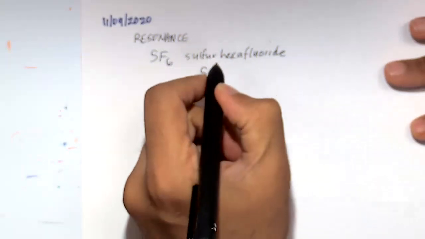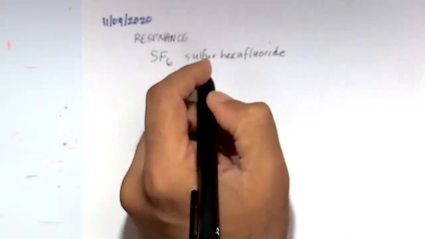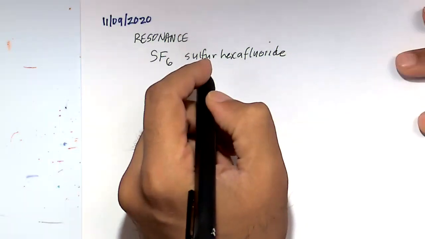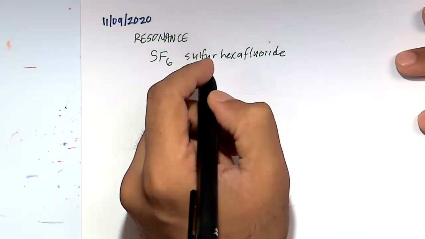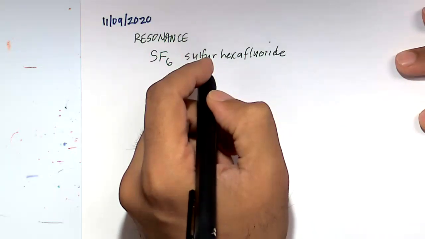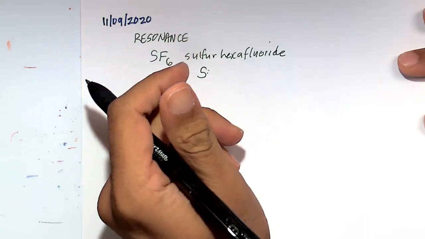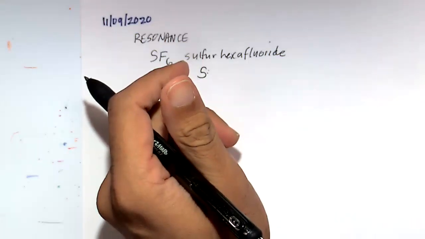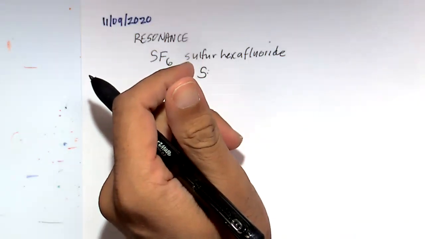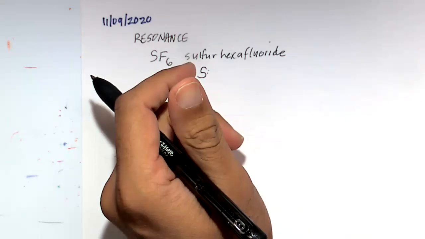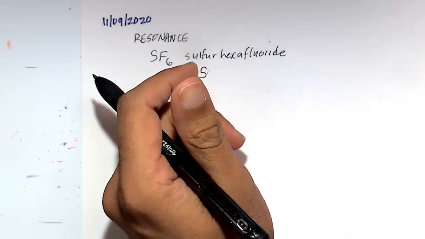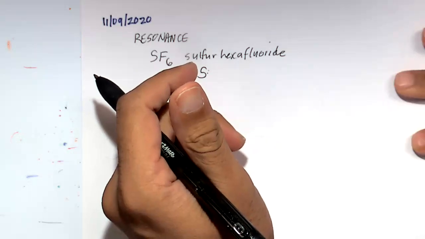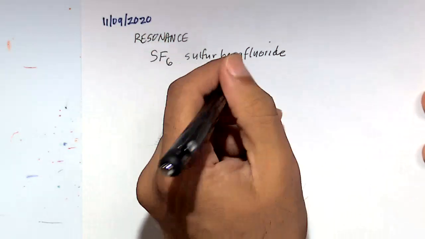Sulfur is happy at what number? Let's look at the periodic table. It's in the same group as oxygen, and oxygen is happy at 6. So sulfur is happy at 6.